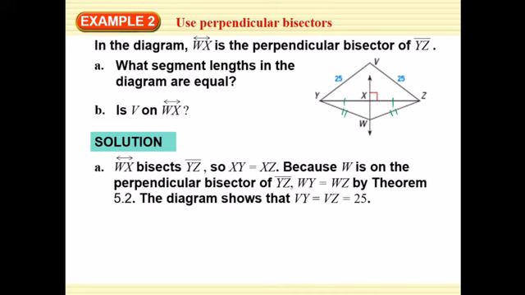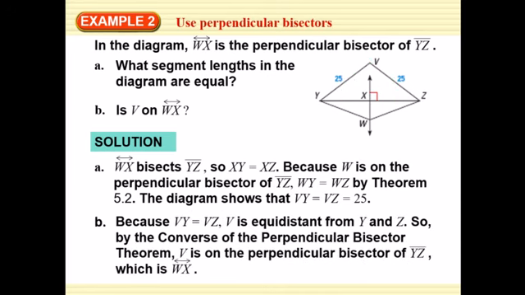So WY is equal to WZ. And then we also know that since these distances up top are equal, V is going to fall on the mid-segment as well. So we also know those two segments are equal. So is V on WX? Yes, absolutely. Since it is equidistant to the endpoints of the segment, I know that it falls on the perpendicular bisector by the converse.